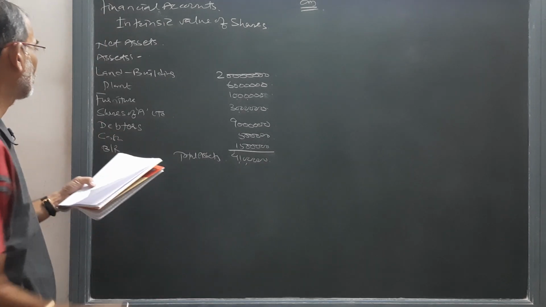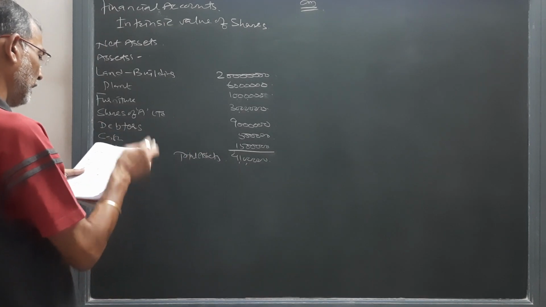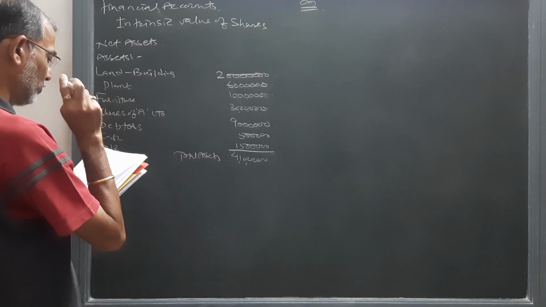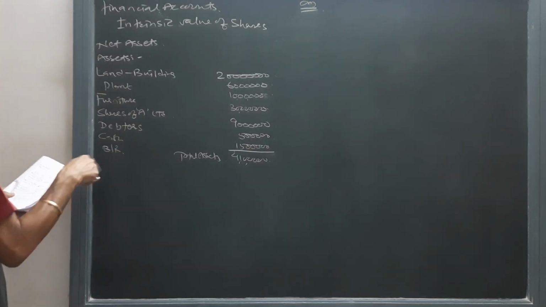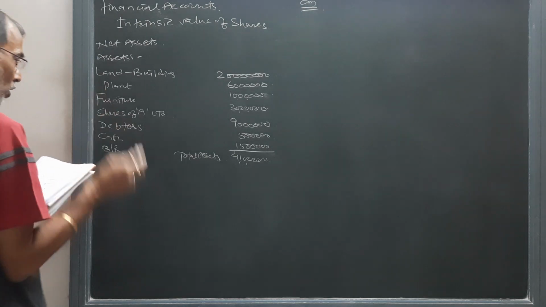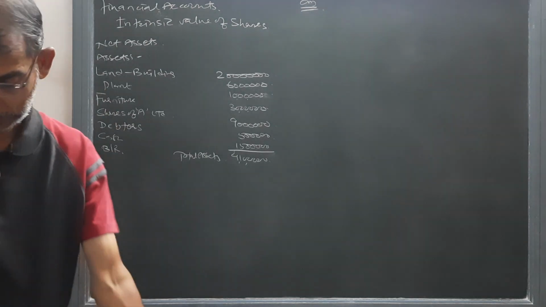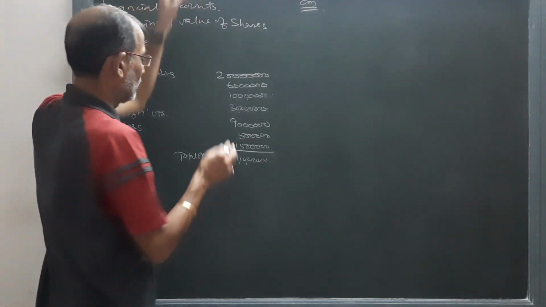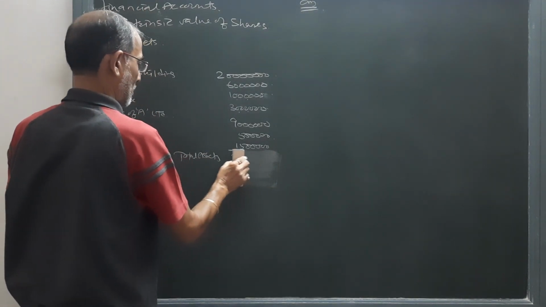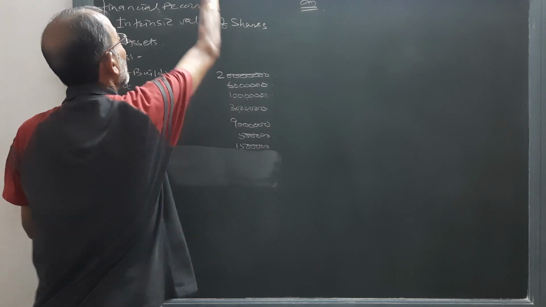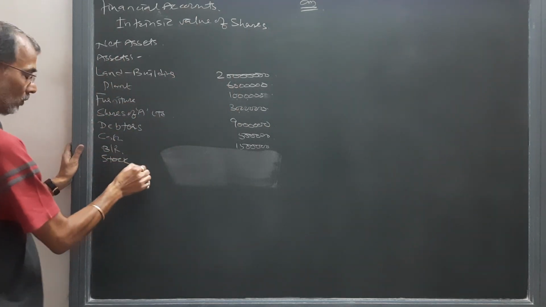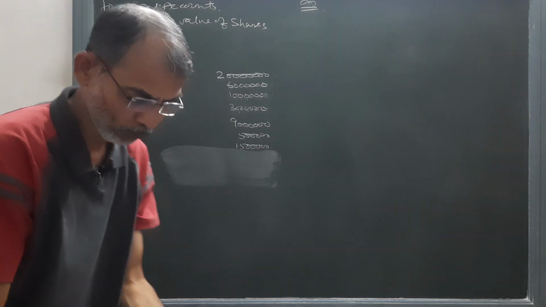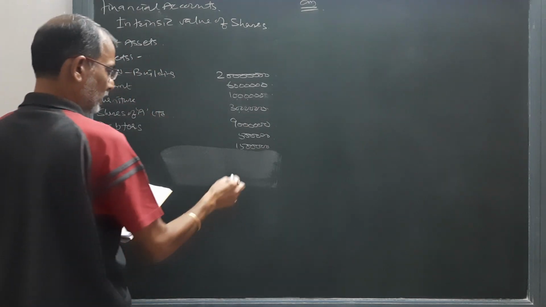Plant 60 lakh, building 2 crore, furniture 10 lakh, shares 30, debtors 90, stock is left out. Stock is of 60 lakh.